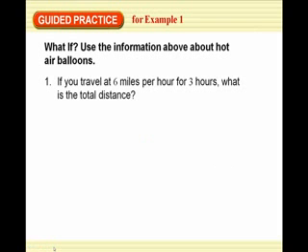So what if, use the information above about hot air balloons. What if you travel 6 miles per hour for 3 hours? What is your total distance? So our total distance, if we're traveling using the information about the hot air balloon above, we have that 5 plus 6t. So we are going to go 5 plus, we put in 3 for t, 6 times 3.